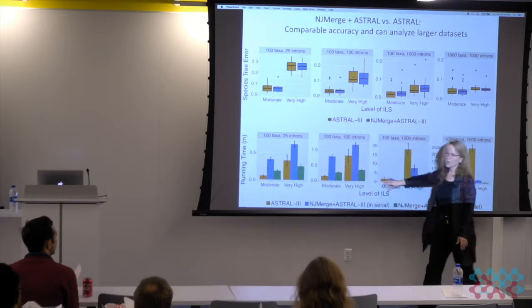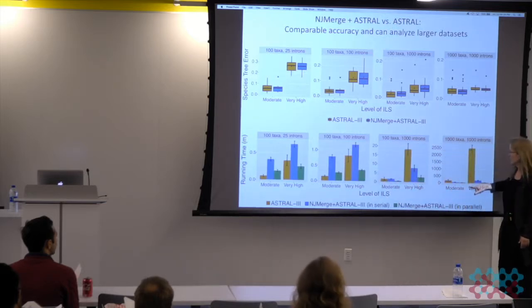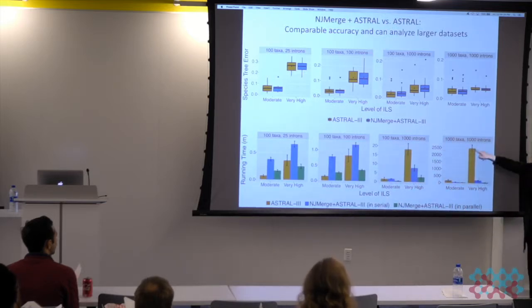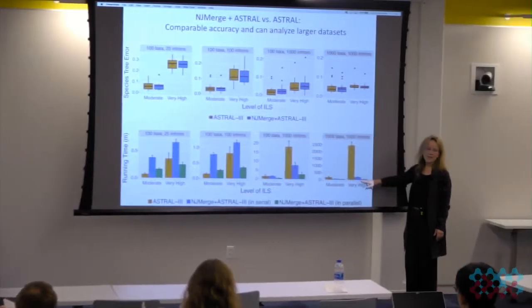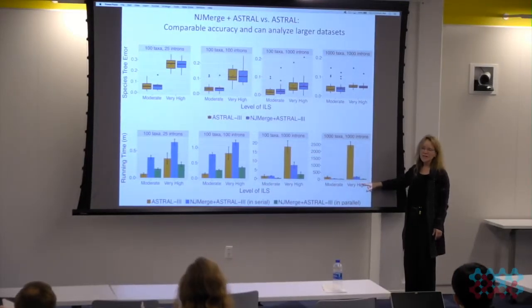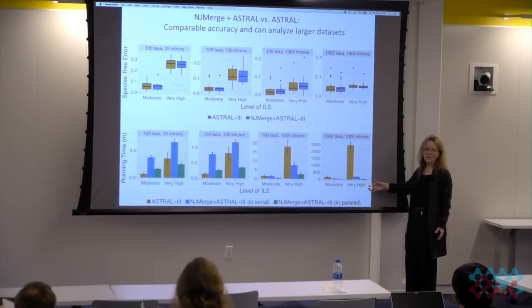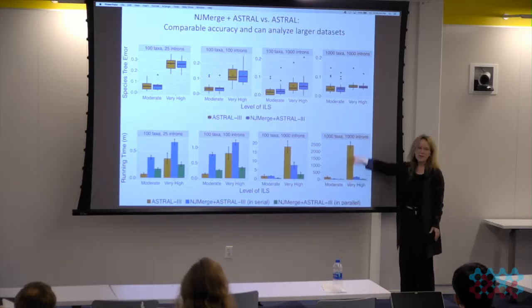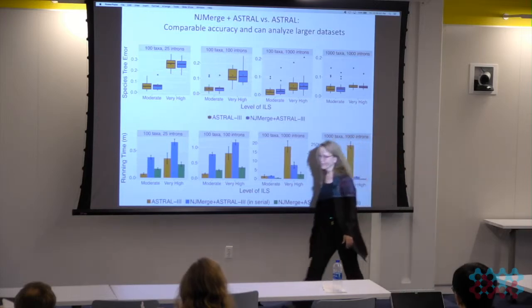The running time is where you get the advantage, especially on the large one. This is what you're getting with Astral by itself, and this is what you're getting when you put it inside the pipeline. The other thing that's not shown here is that Astral actually fails to complete on some of these data, whereas it's not failing in this context. So you get this nice reduction in running time and no loss of accuracy.